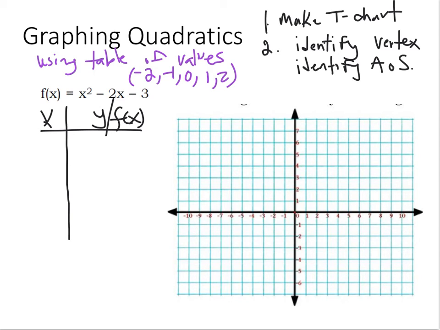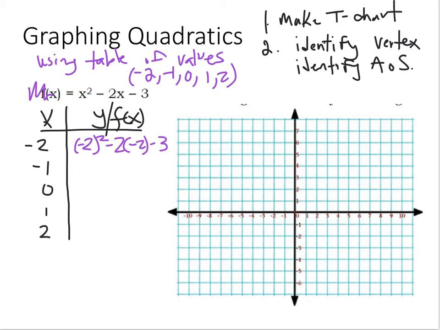Here we have f of x equals x squared minus 2x minus 3. So I'm going to use my default values. Basically, I'm going to take that function and substitute in -2. So here I'll have (-2) to the power of 2 minus 2 times (-2) minus 3.